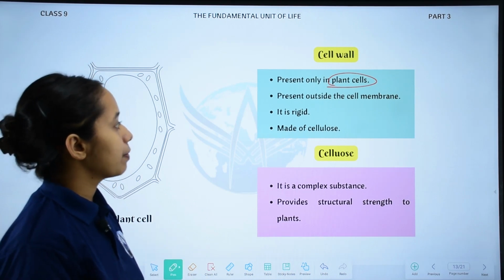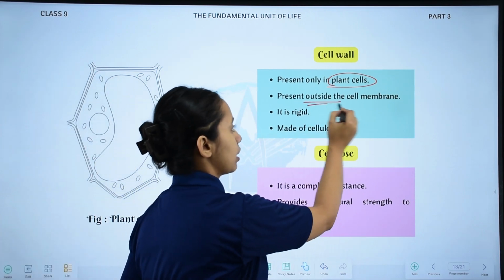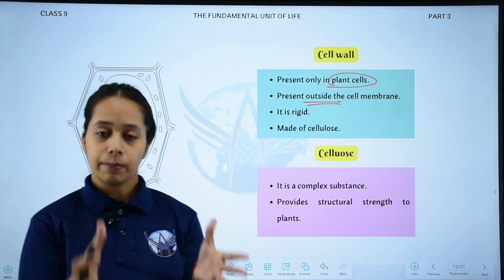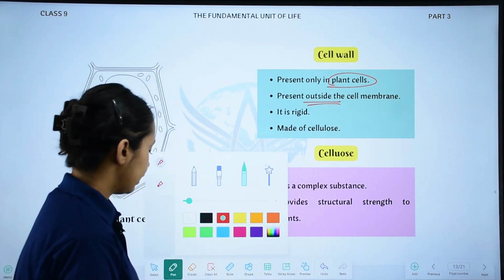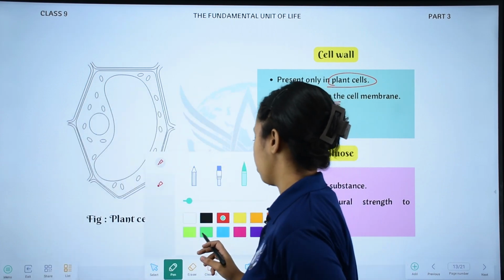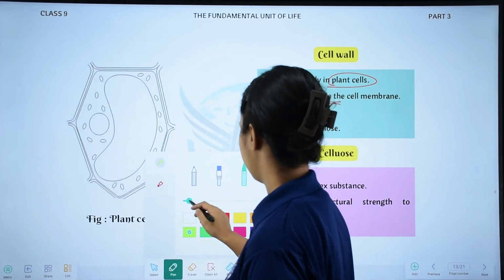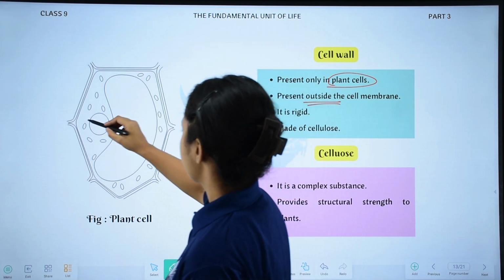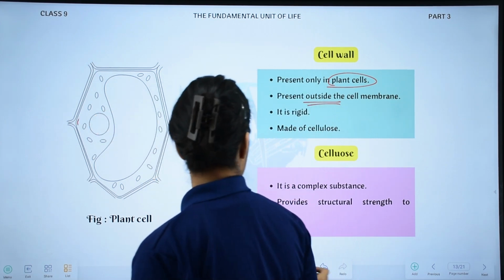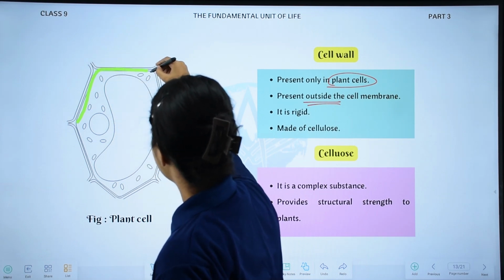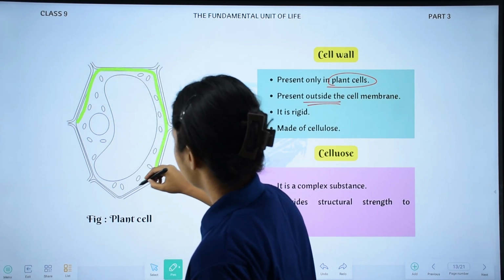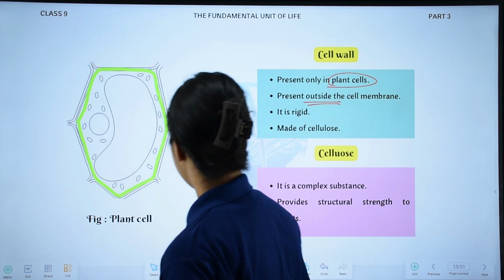Then number 2, they are present outside the cell membrane. Meaning in a plant cell we have the cell membrane. I have a diagram here as well, so let's see the diagram first of all. This is the cell membrane. This light green membrane is our cell membrane.